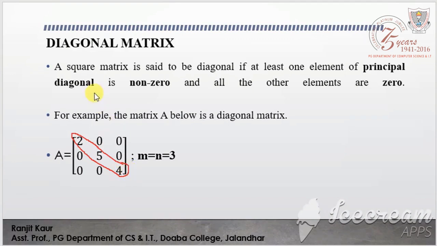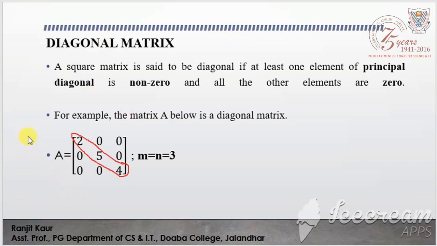So according to the definition of diagonal matrix, a square matrix is said to be diagonal if at least one element of the principal diagonal is non-zero and all other elements are 0.